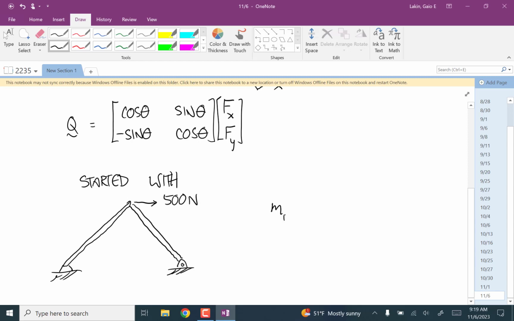That's supposed to be an equilateral triangle, and the masses of both of these are 30 kilograms.